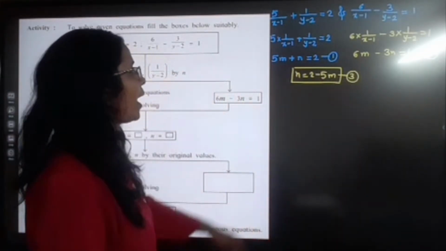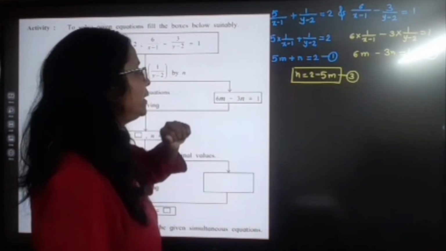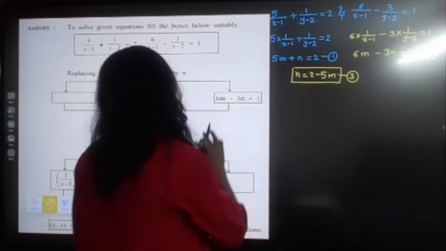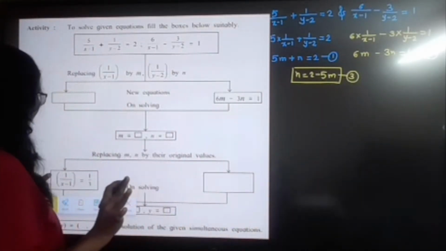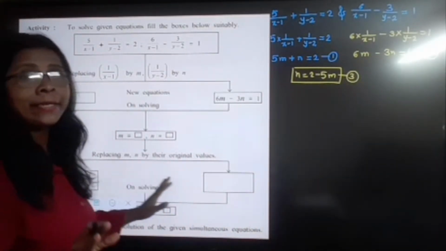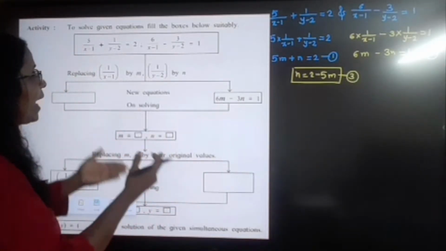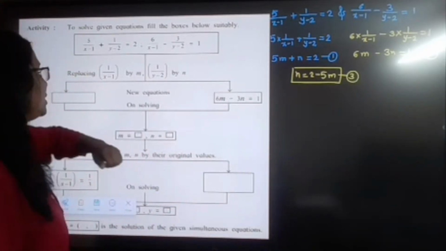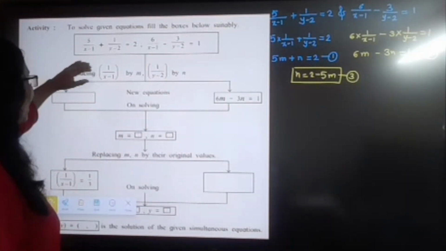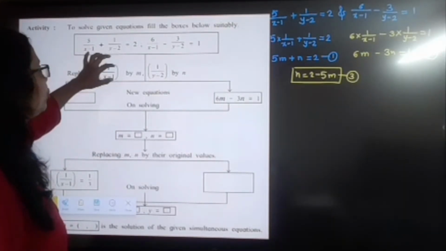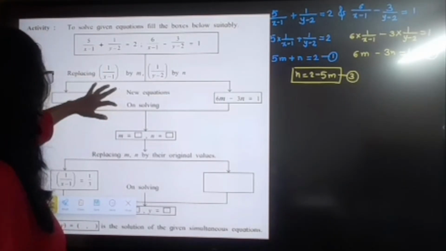Okay. So now here students, put this value here. See what process is carried out in this activity. So after replacing this, the new equations on solving.